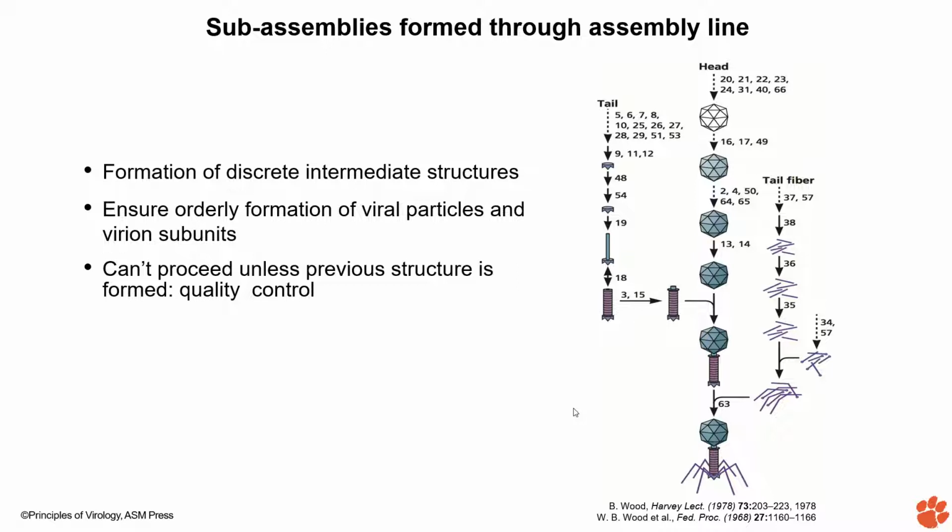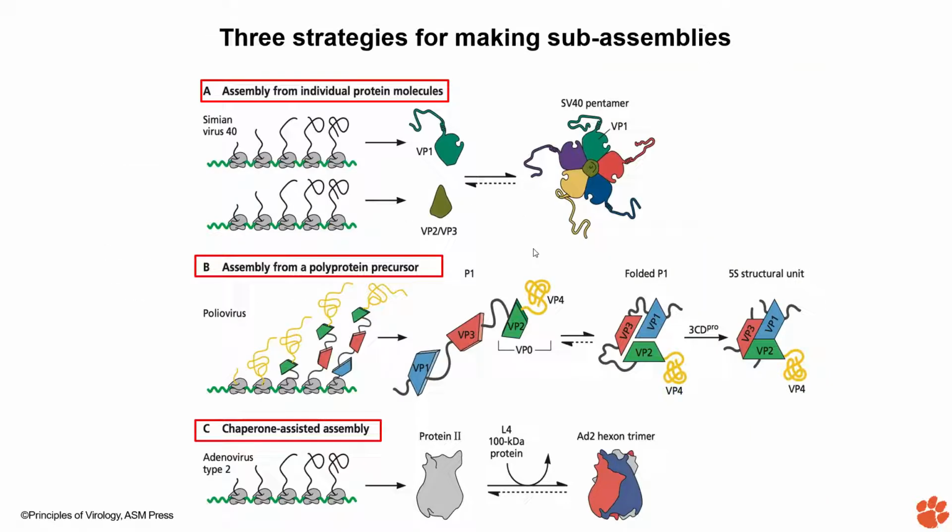That's why they form this structure by the assembly line. This ensures quality control: if the previous structure is not formed, the next structure will not form. This is the reason these sub-assemblies are formed, and some steps are reversible, to have quality control and an efficient process of making a correct structure.